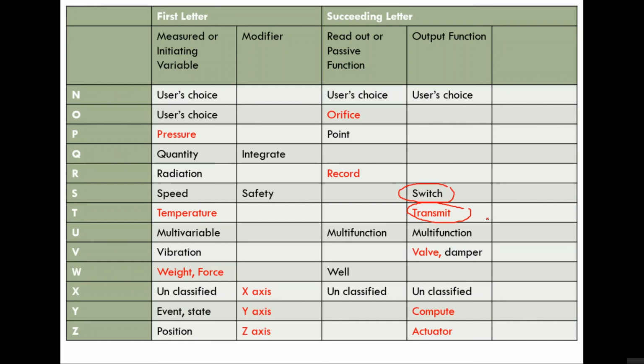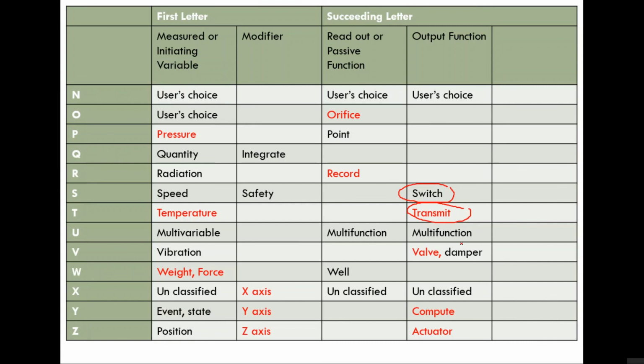And second, it transmits the sensed value to another location with 4 to 20 milliampere current. So T is used to represent transmission. Like the controller, this one is also very important. So C for control, T for transmit.